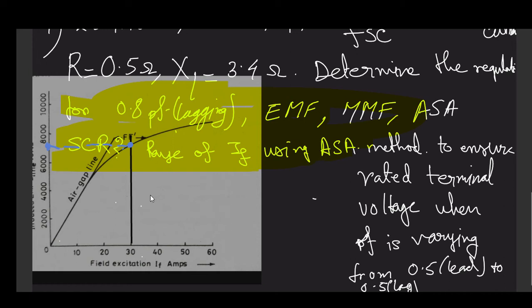So where can you get 6751.5 volt? In this book they have taken something like this, say 26 ampere.